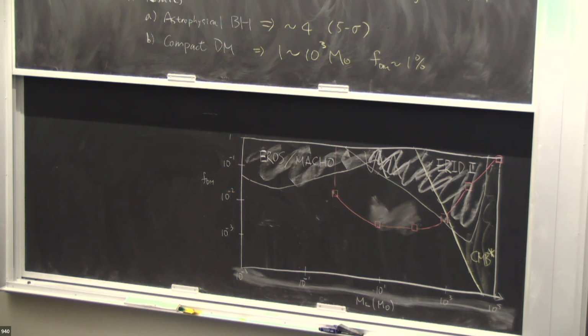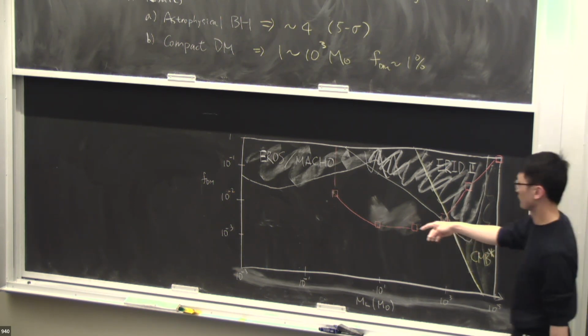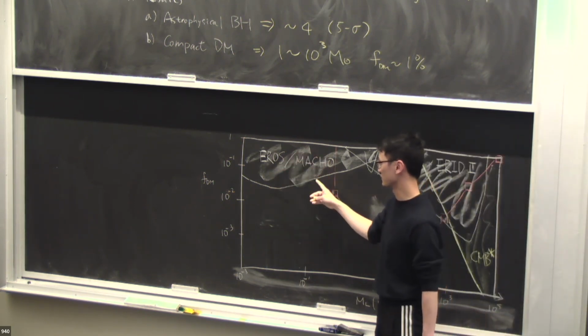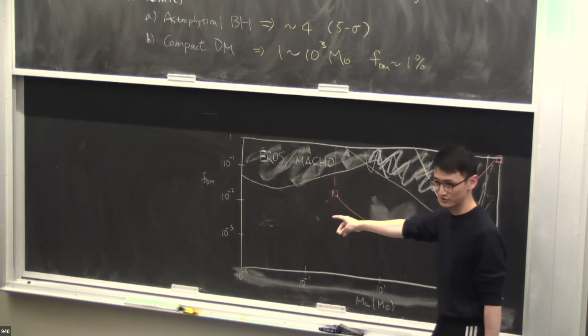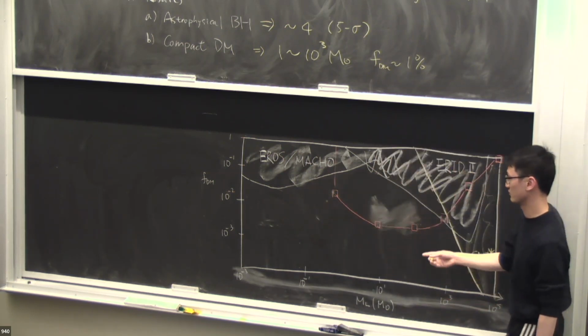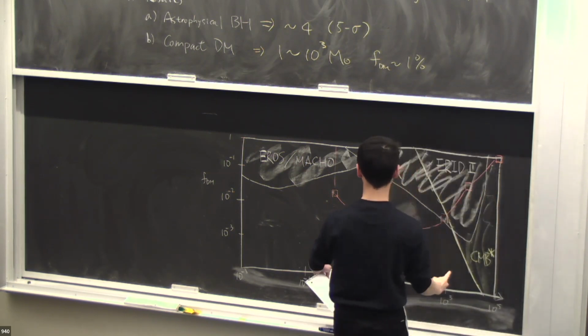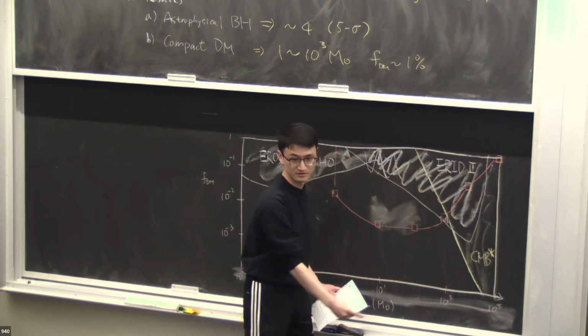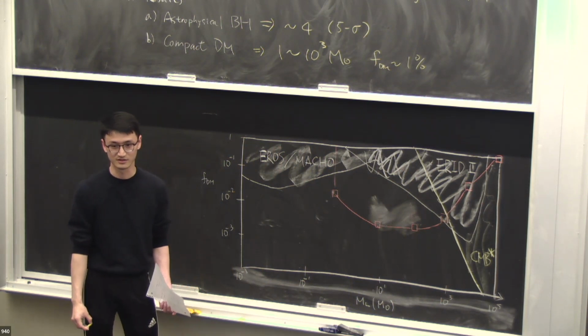So that cutoff at the lower mass end is because of this behavior. That's why the microlensing surveys look for much smaller clusters. So this is the best window where astrometric lensing is sensitive.